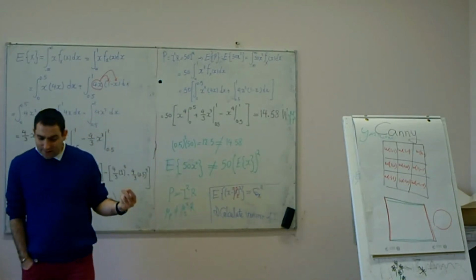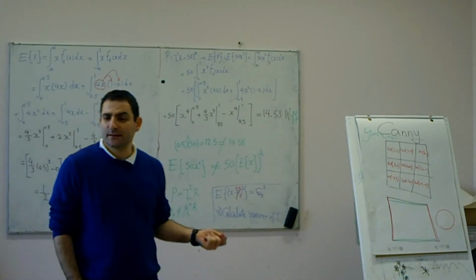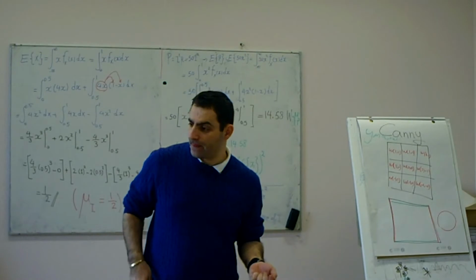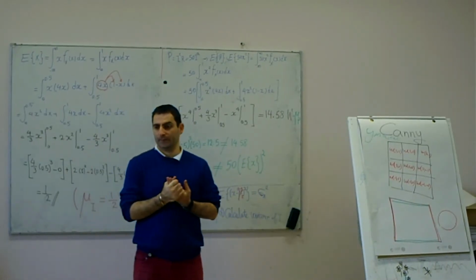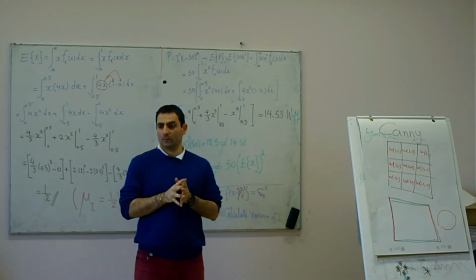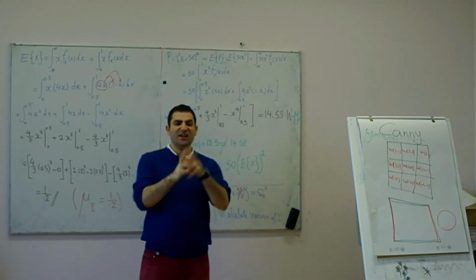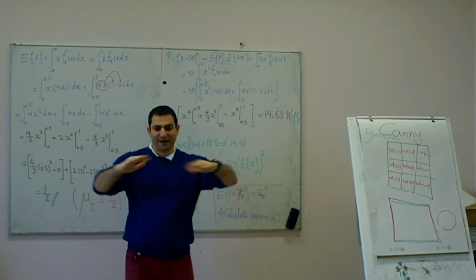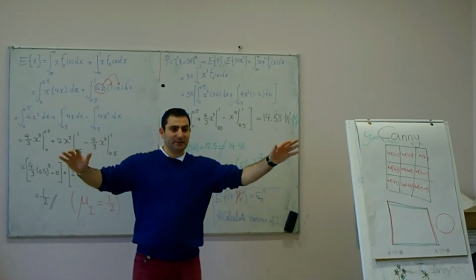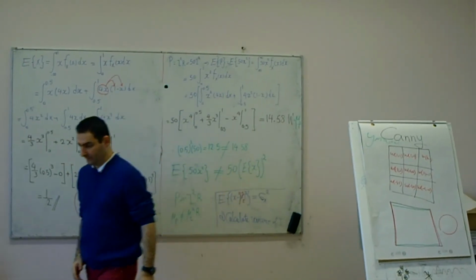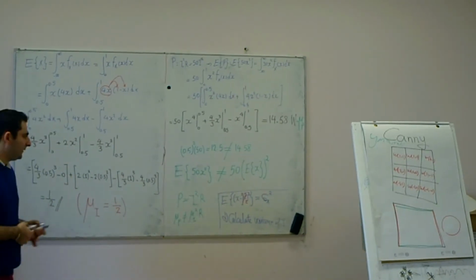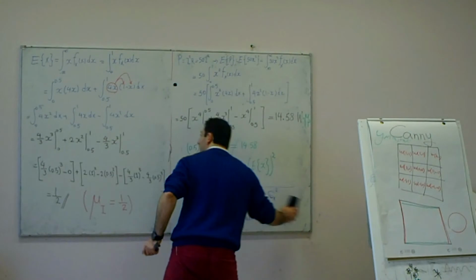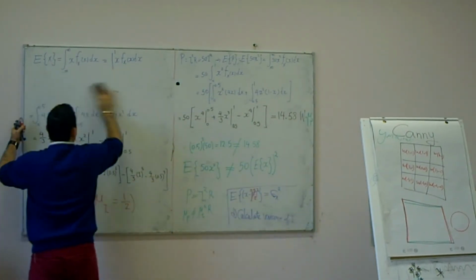Variance. What does variance represent? It shows how much separate the data is around the mean. So it talks about the shape of a function.